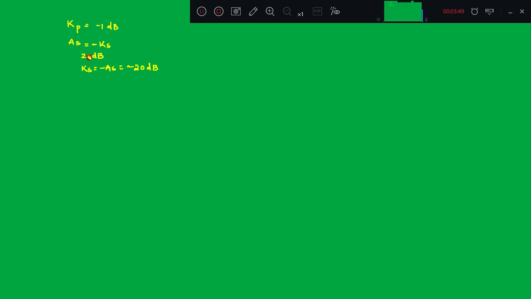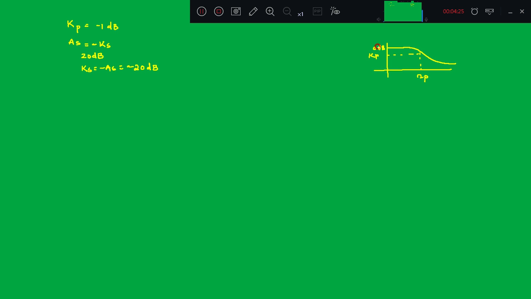So please remember the gain is always the negative of the attenuation, because if you see the magnitude frequency response of the Butterworth low pass filter, it looks like this. If you take 20 log of this response, here you will get 0 dB. So this is your passband frequency omega p, and at this point the gain is Kp.